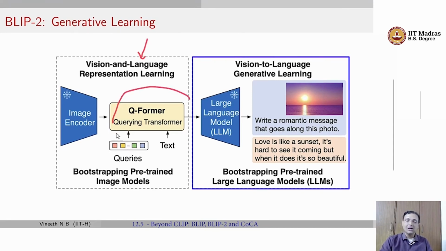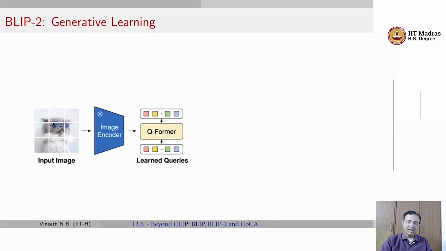So once this is all done in the QFormer, the output tokens from QFormer go to the generative module, which is a fairly straightforward one, but let's look at that in more detail. Within the generative learning module, they consider two different ways of going about it. Please keep in mind that the number of output tokens of the QFormer would be the same as the number of learned query tokens.